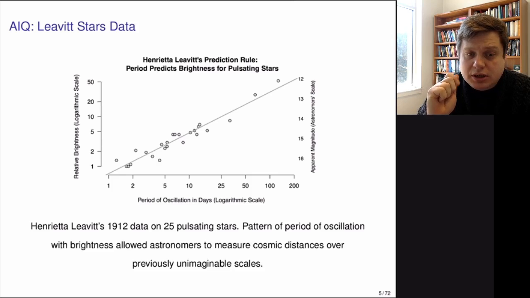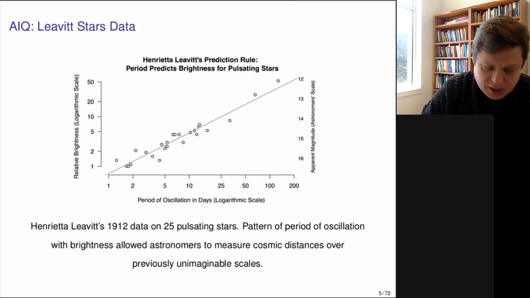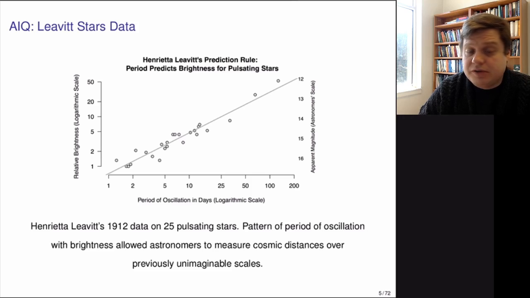And what she did, she took the stars that she then called standard candles. Standard candles are the stars for which we know the true luminosity, so their true brightness. And then she measured the period of oscillation. And what she realized is that there is a relationship between the period of oscillations of those pulsating stars and their true brightness.